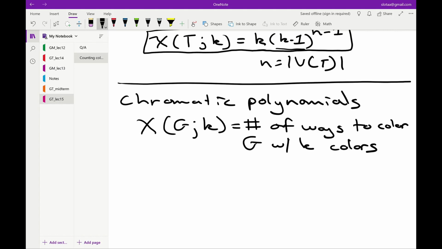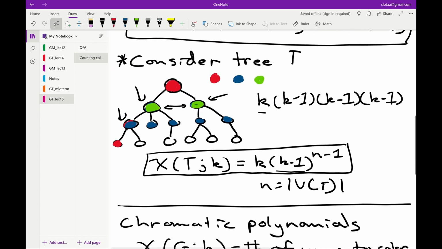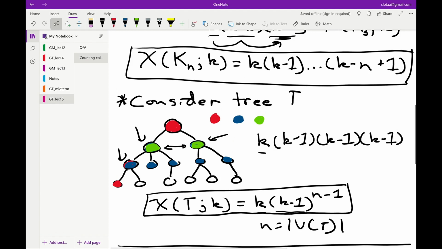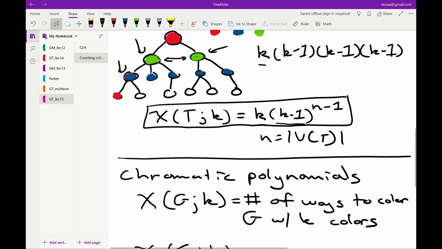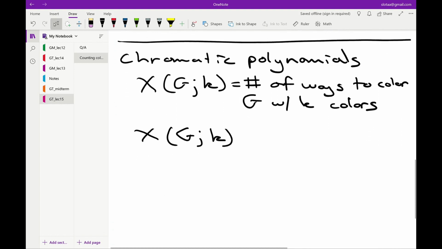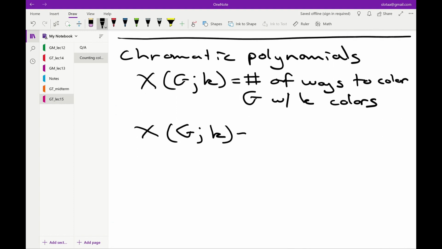So the general form, if we're trying to explicitly determine that chromatic polynomial: we saw some structure when we talked about trees and cliques, but there's a more generalized form for any arbitrary graph.